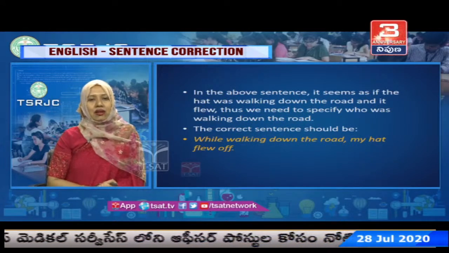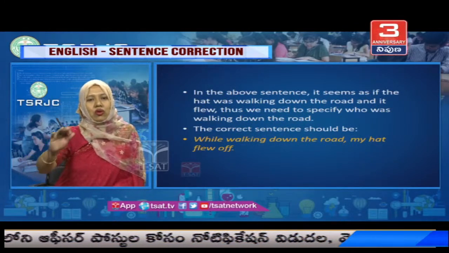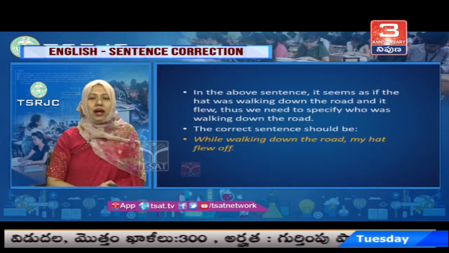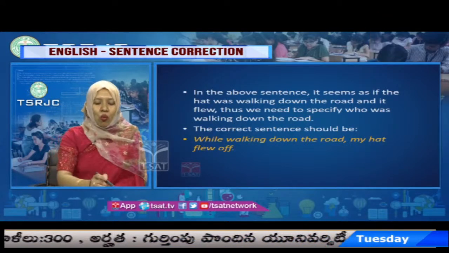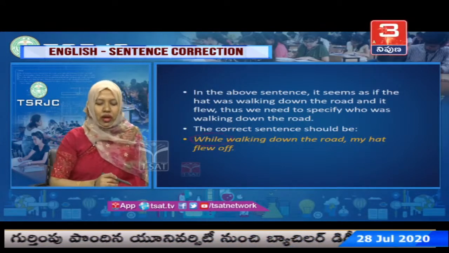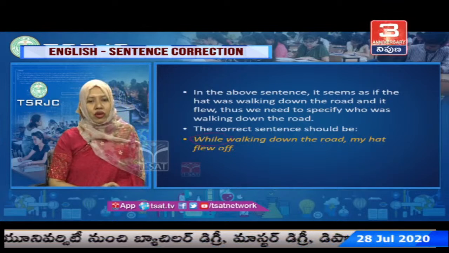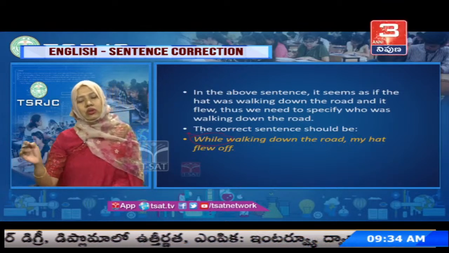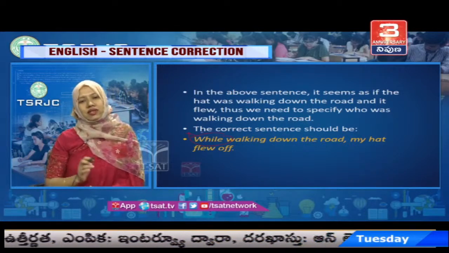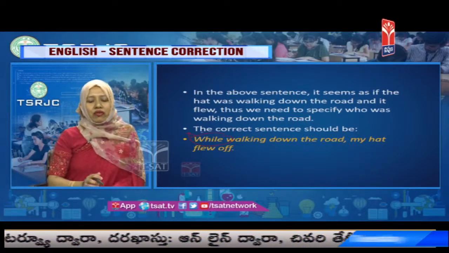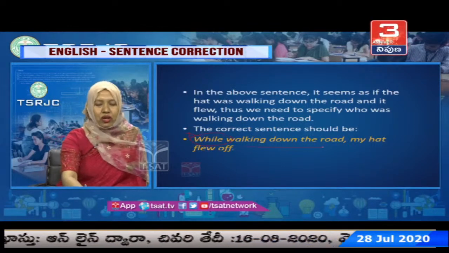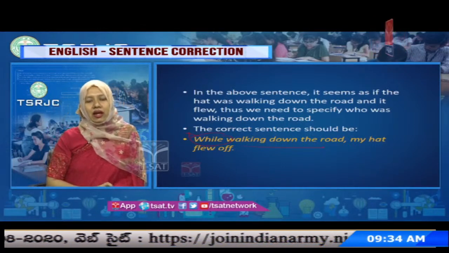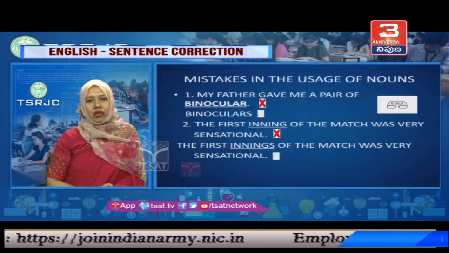We think that the hat was walking down the road and it flew away, which is wrong. The correct sentence should be, while walking down the road, my hat flew off. Even without using the word while, it gives the same meaning. But you have to understand, here somebody is walking down the road, and while walking, due to wind, the hat flew off.